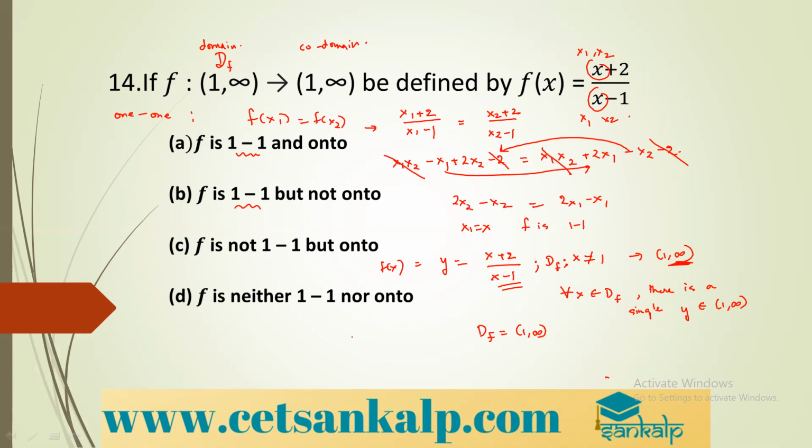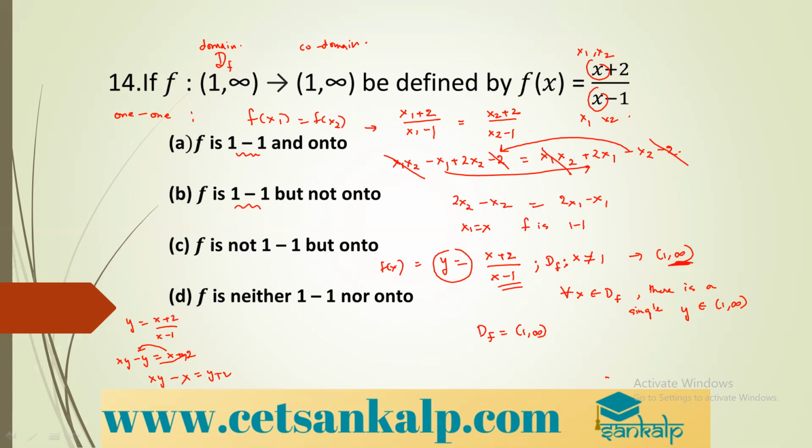Similarly, you can take the equation, instead of y equal to, you can take x equal to. How can you take that? Take y equal to x plus 2 by x minus 1, cross multiply, xy minus y equal to x plus 2. xy minus x equal to y plus 2. Minus came here. Is that okay?